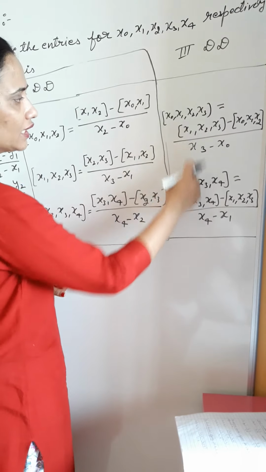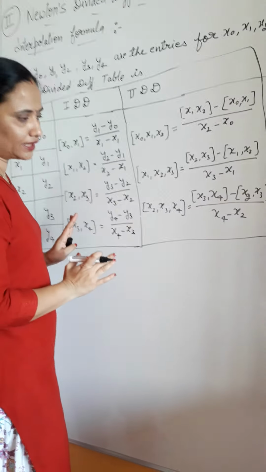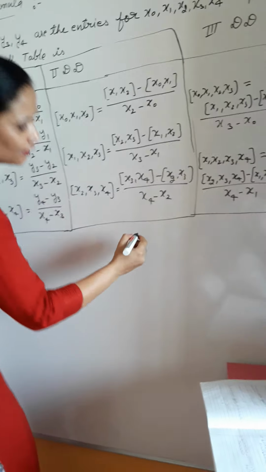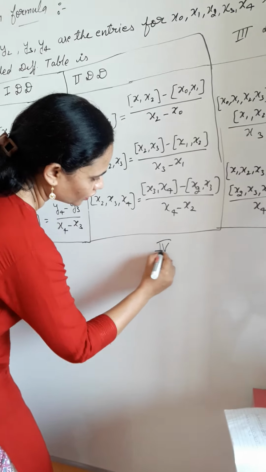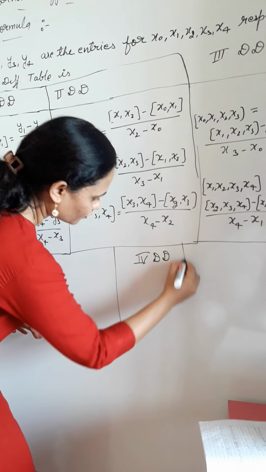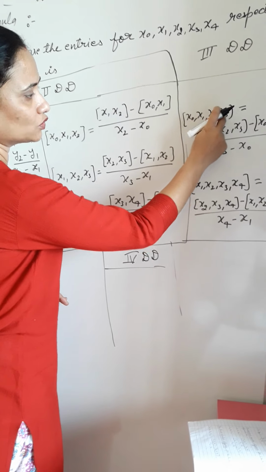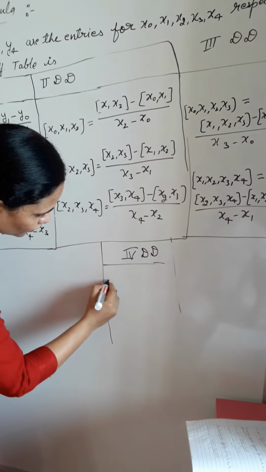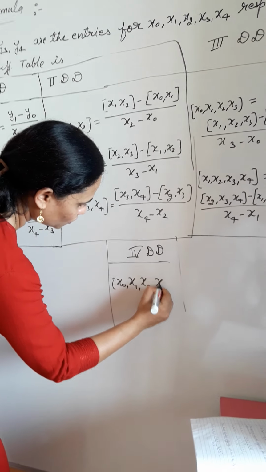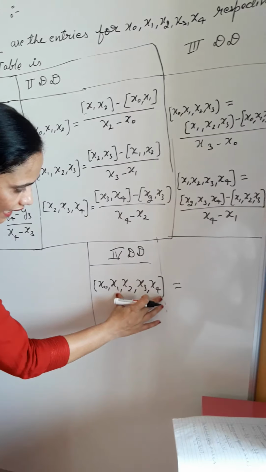Then if we club these two, that will be the fourth difference, and for this particular data it will terminate here. So I am writing it here. Please make one more column there. That will be the fourth divided difference. Now club these two, x0, x1, x2, x3 and x4, which is equal to the last four values.